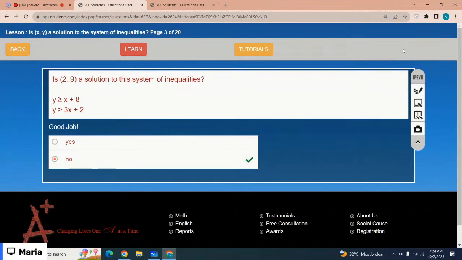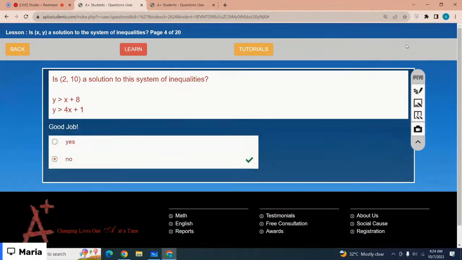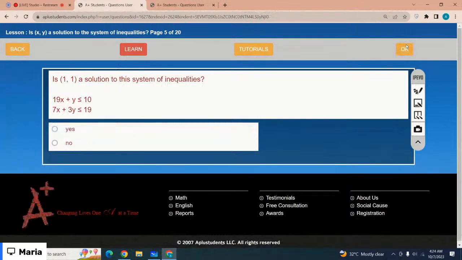Okay, the next one, is (2, 10) a solution to the system of inequalities? Which is the correct option? The correct option is no. Okay, the next one is (1, 1) a solution of the system of inequalities? The correct option is no, right?